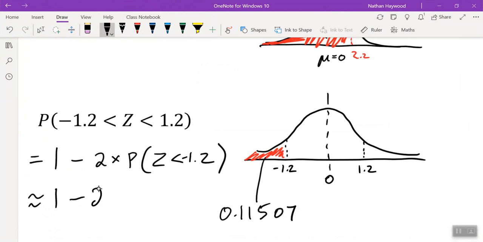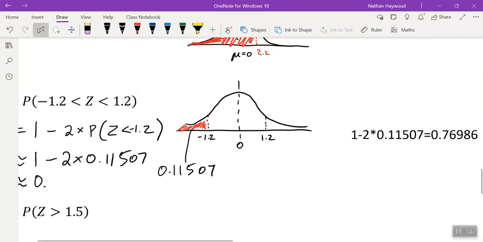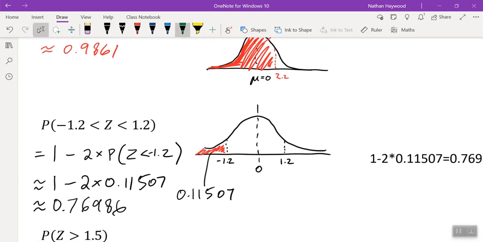So we take 2 of those away, and that is the area in the middle, which is that.